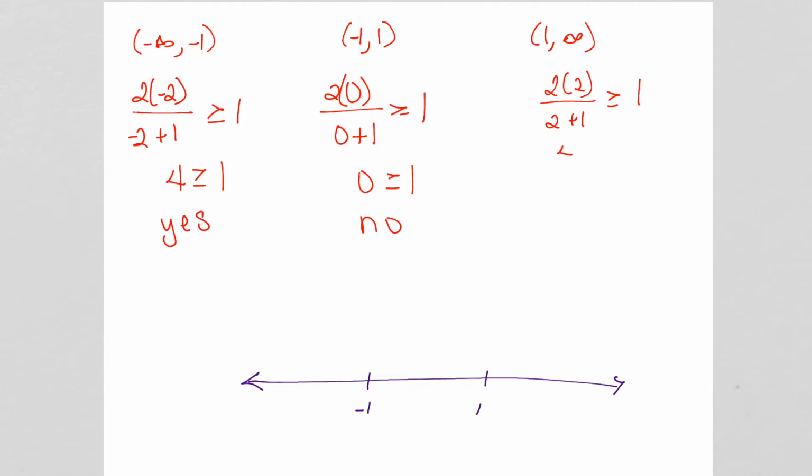And we get 4/3, which is 1 and 1/3, and that is greater than or equal to 1. So we're good less than -1, and we're good greater than 1.